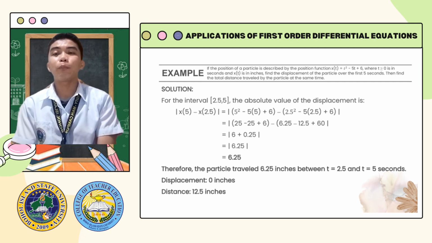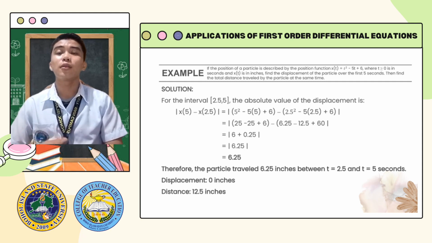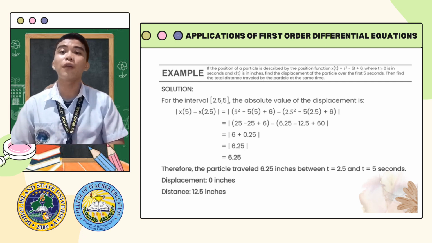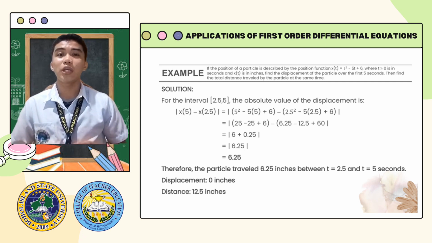The displacement of the particle from 0 seconds to 2.5 seconds and from 2.5 seconds to 5 seconds is the same, which is 6.25.